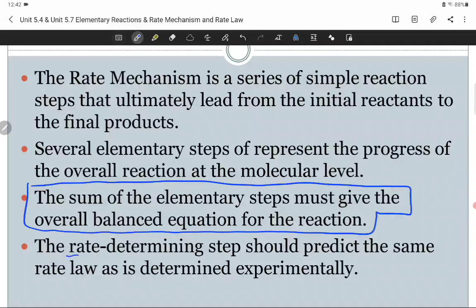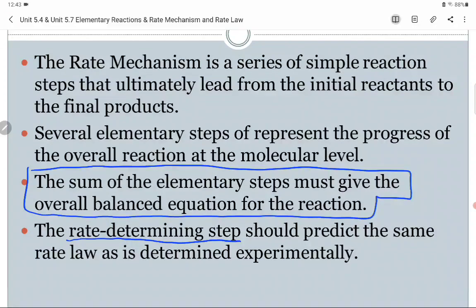And then one of those elementary steps will be the slowest step. And that slowest step is going to determine how fast the reaction can take place. And the rate determining step should predict the same rate law as determined experimentally. So all those ways that we figured out rate law previously should match up with what we determine in this section here.